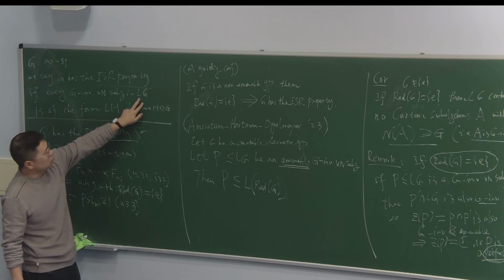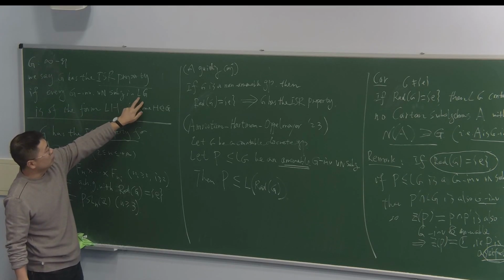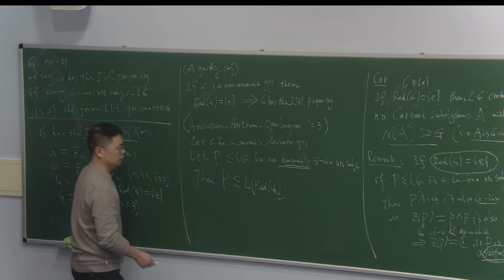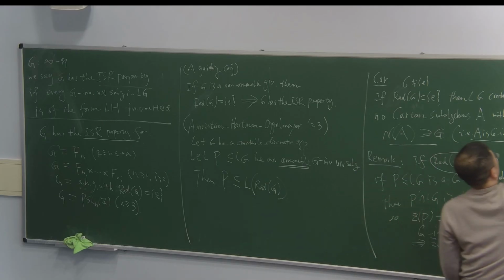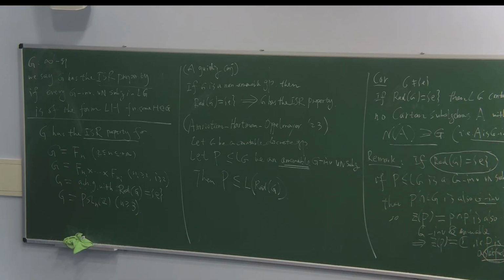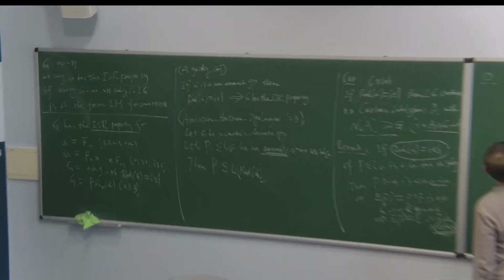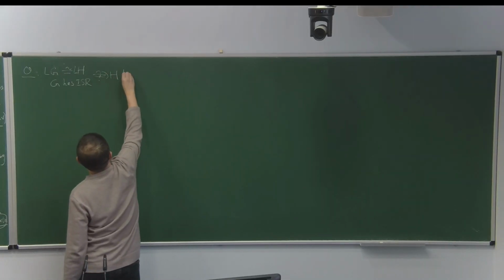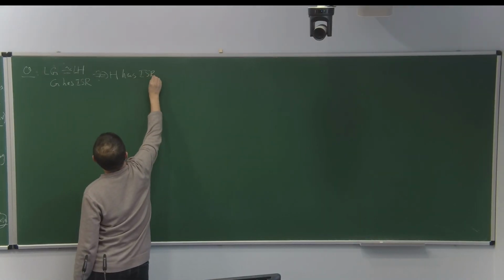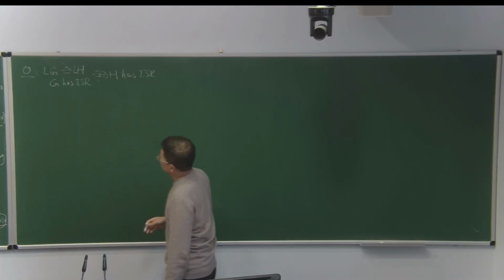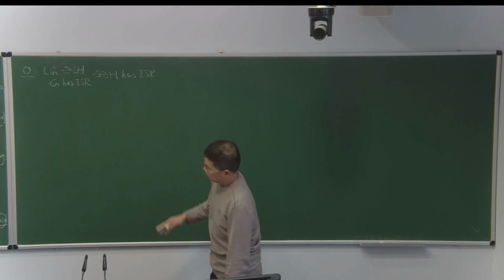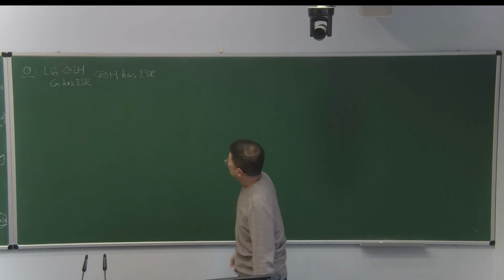In other words, the question is: if you have two groups with isomorphic group von Neumann algebras, and one group G has the ISR property, does this imply H has the ISR property? By definition, this should not be true. But how to write down a concrete example?